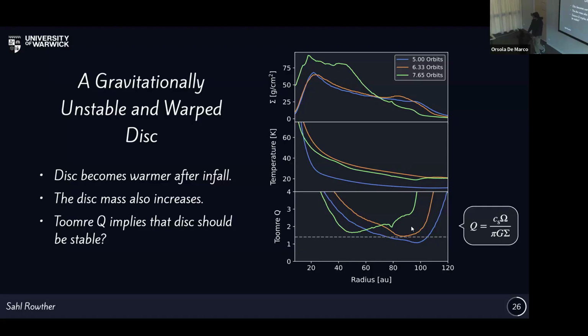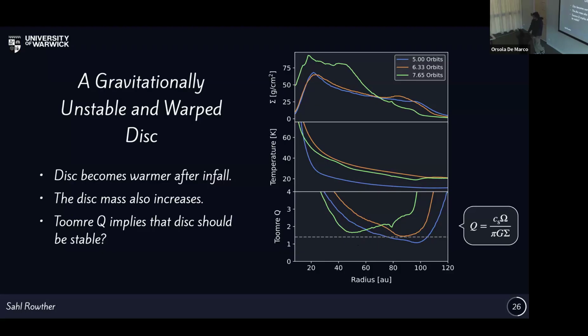And when we look at the azimuthally averaged Toomre Q profile, the increase in temperatures implies that the disk should be gravitationally stable, as the green line is above the dashed line, which is a rough measure of when the disk is expected to be unstable. So it seems a bit opposite to what we showed earlier, where the disk is clearly unstable.